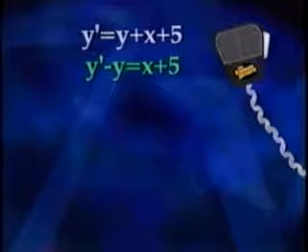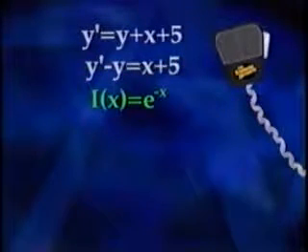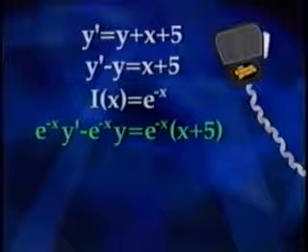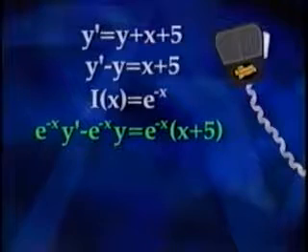Breaker, here's what we did. Our problem was y prime equals y plus x plus 5, which we put in proper form as y prime minus y equals x plus 5. We then found the integrating factor, I of x, to be e to the negative x. Multiplying both sides of the equation by I of x, we got e to the negative x times y prime minus e to the negative x times y equals e to the negative x times x plus 5.